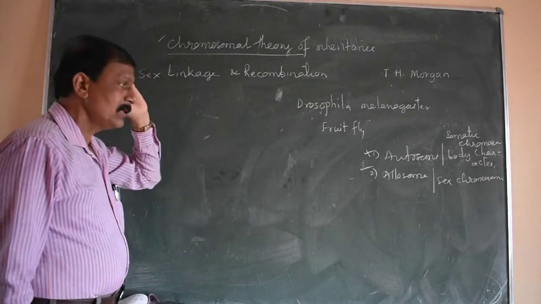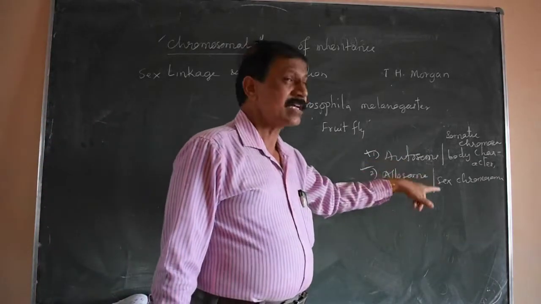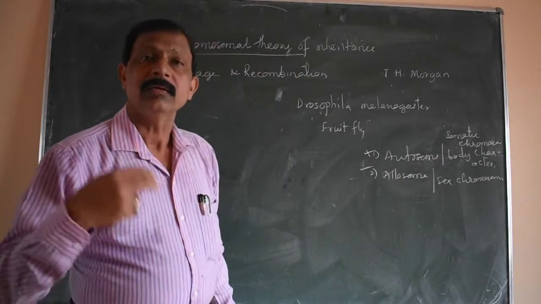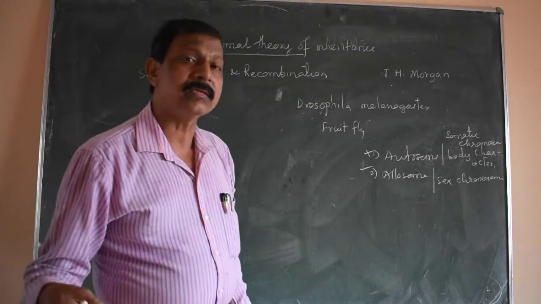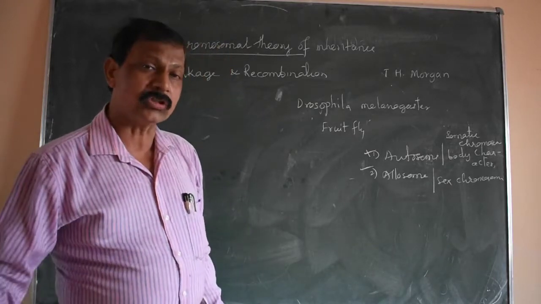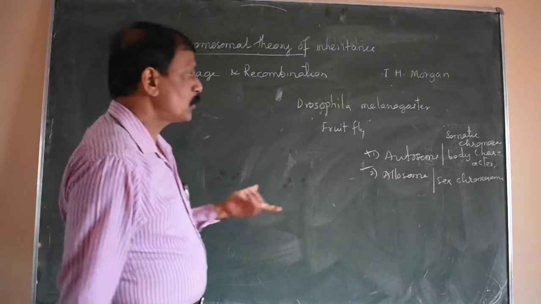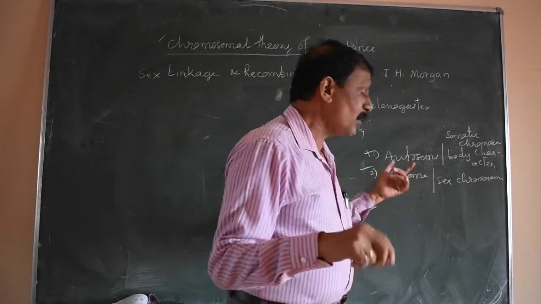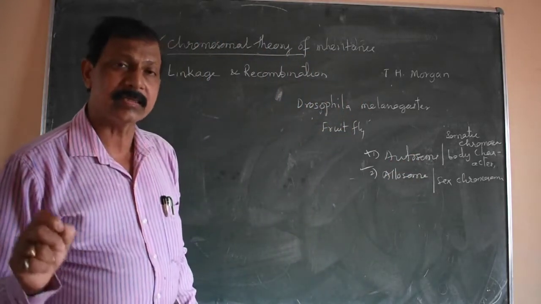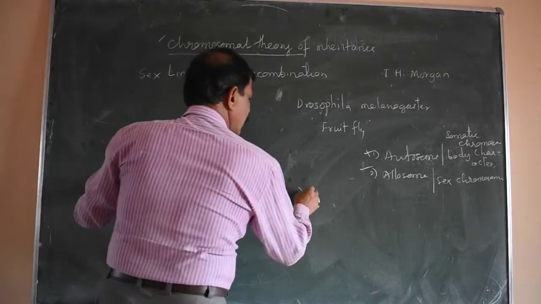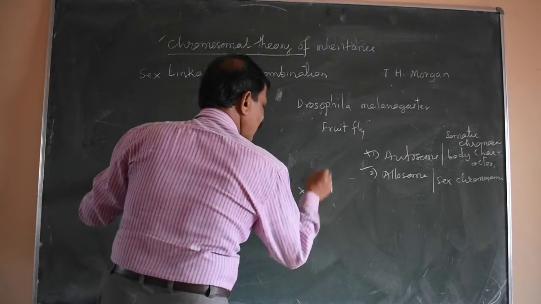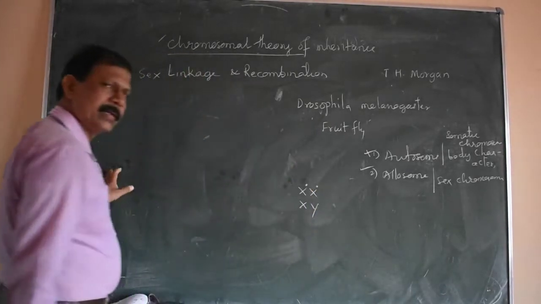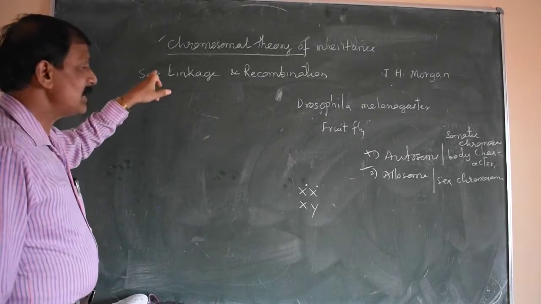Sex-linked inheritance means sometimes the sex chromosome also carries some character from the father or mother to their sons and daughters. The autosome is not only responsible for carrying body character; sometimes the allosome also carries it. On the allosomes there are XX and XY, no? Sometimes on the X chromosome some genes may be located, so that is sex linkage.